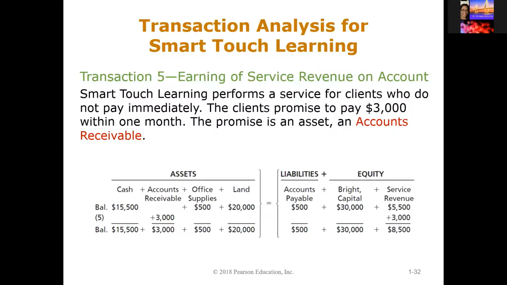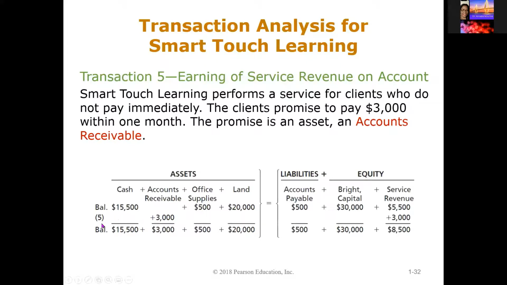So Smart Touch Learning performs a service for clients who do not pay immediately. The clients promise to pay $3,000 within 1 month. So that promise is an asset, an accounts receivable. Because the customer is not expected to pay for a month, accounts receivable instead of cash is recorded as an asset.